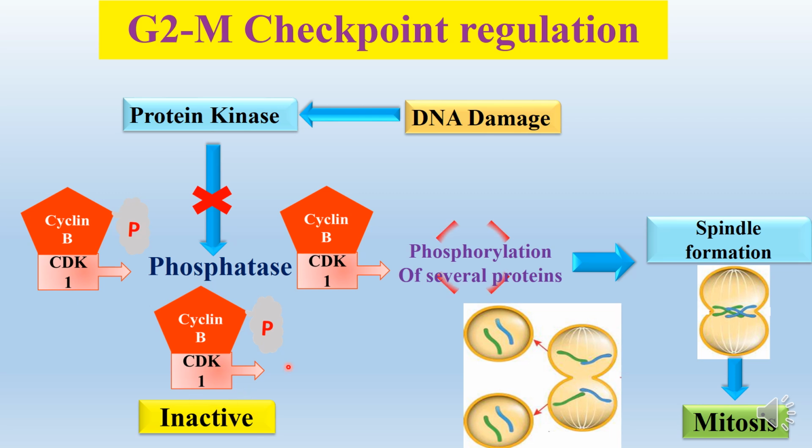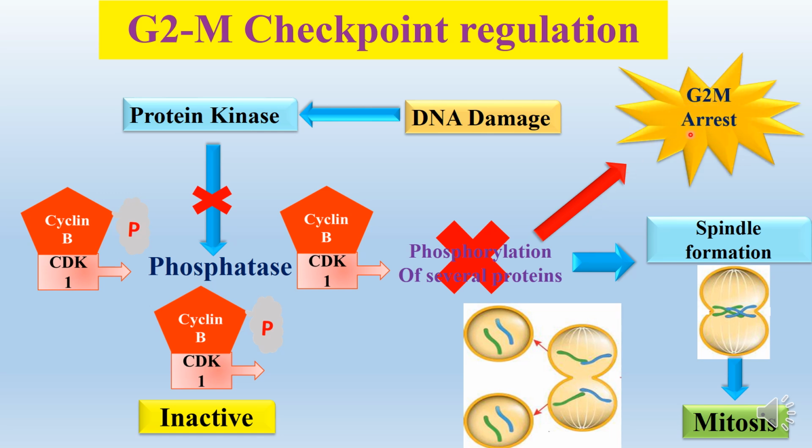Because it is inactive, the phosphorylation of several proteins required for spindle formation are not carried out, and therefore this leads to cell cycle arrest at G2M. And this is how the G2M checkpoint regulation is broken due to DNA damage.